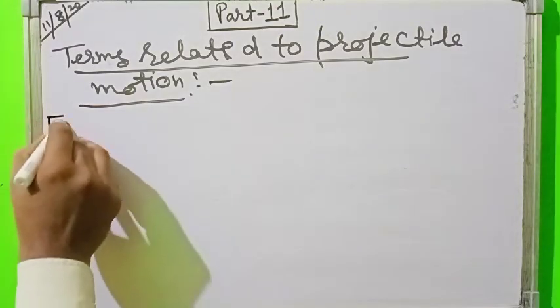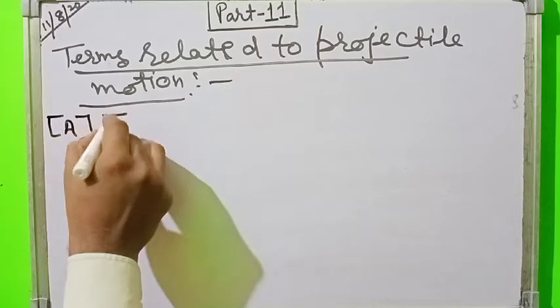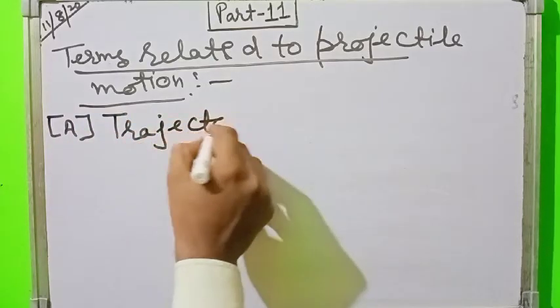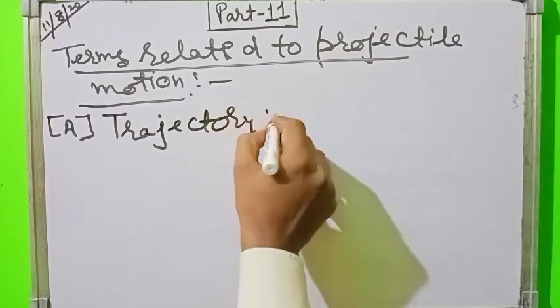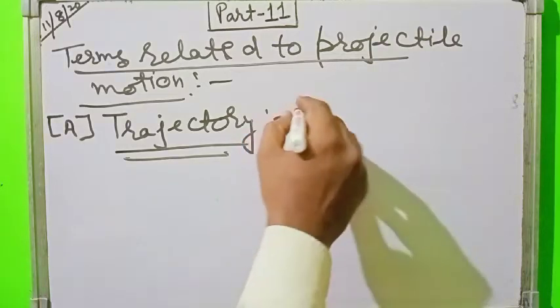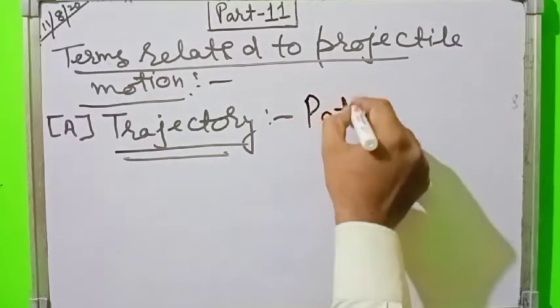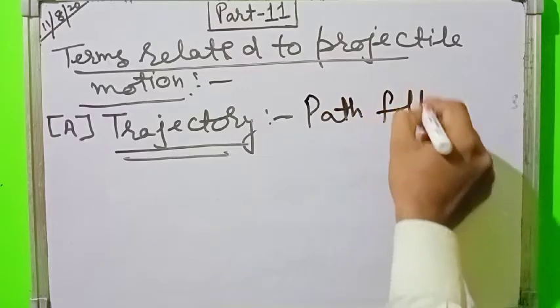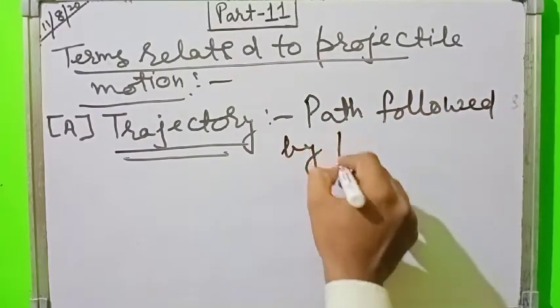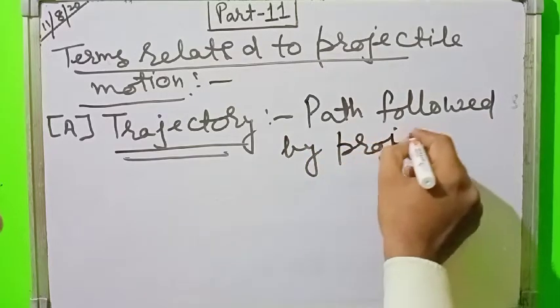First of all, we will discuss the trajectory of the projectile. Trajectory means the path followed by the projectile.